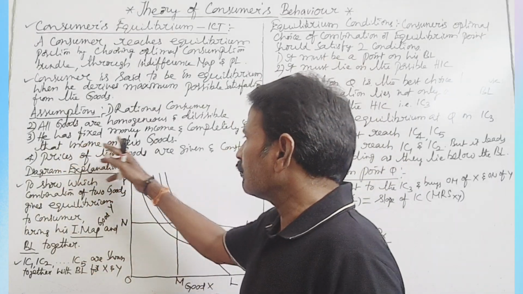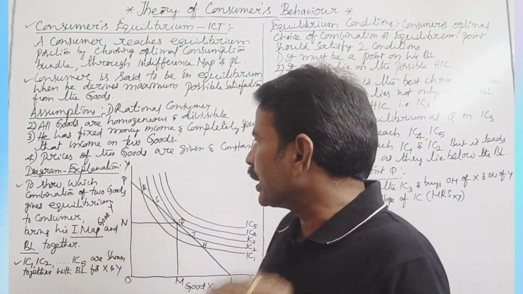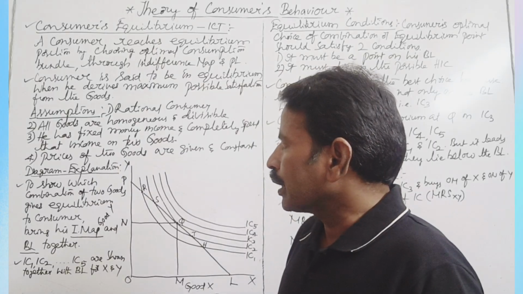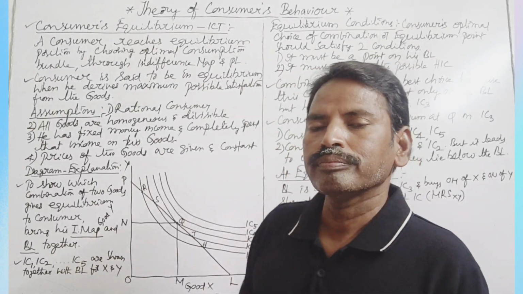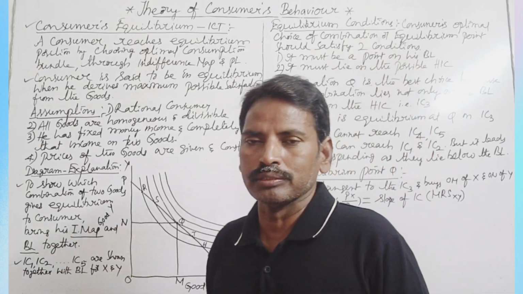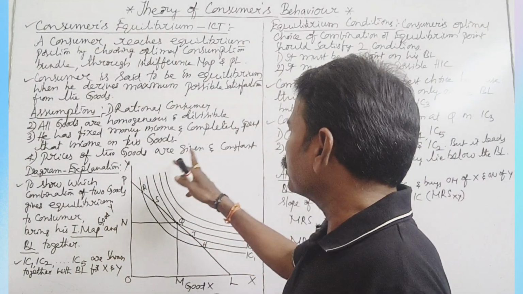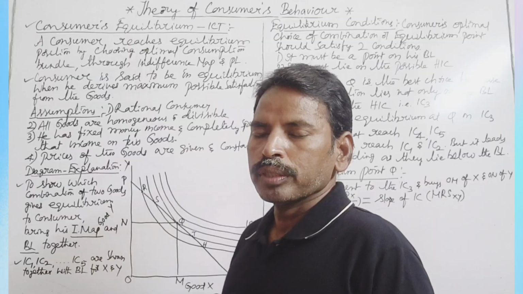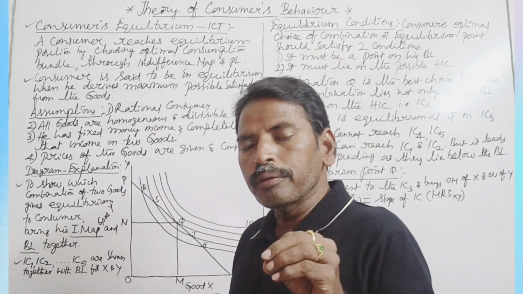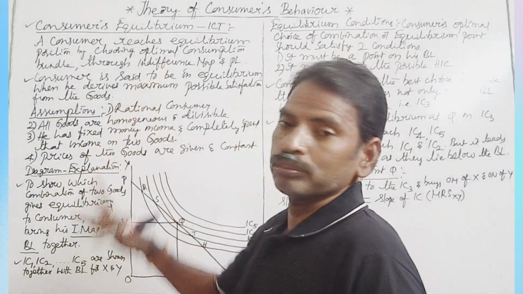Next, he has fixed money income. He should completely spend that income on both the commodities. That means there is no savings. Next, prices of two goods are given and remain constant. Therefore, consumer's equilibrium using indifference curve depends upon these assumptions.